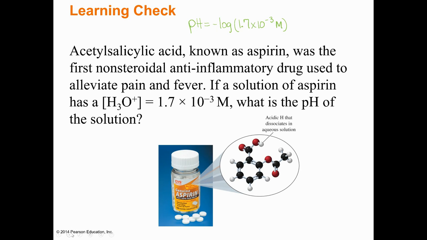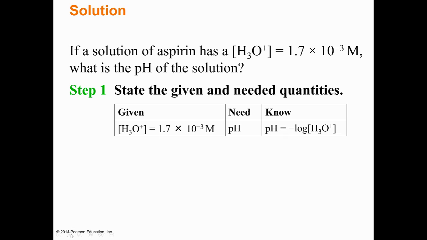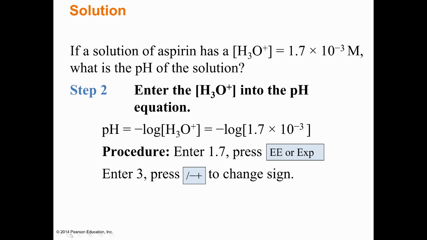And I'm going to click on this, showing the setup here. And this one here is something we did talk about in class, which was how to plug in 1.7 times 10 to the negative 3. We've been working on that the entire semester, but if you are still struggling, please see me. So you take 1.7 in your EE or EXP key, press 3, and then change its sign.